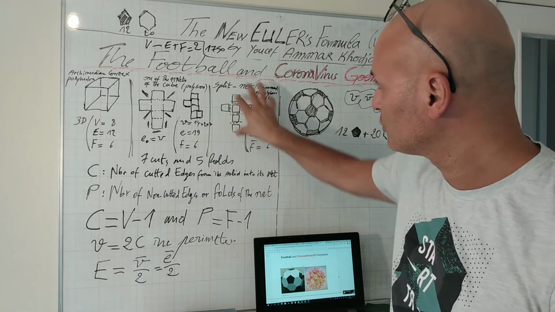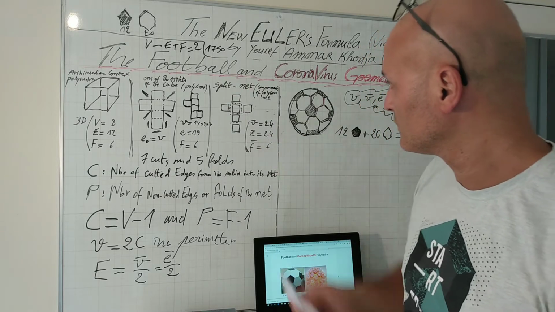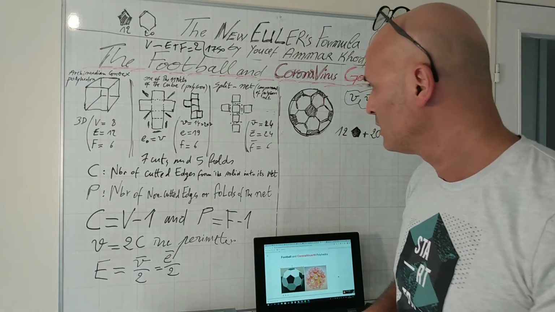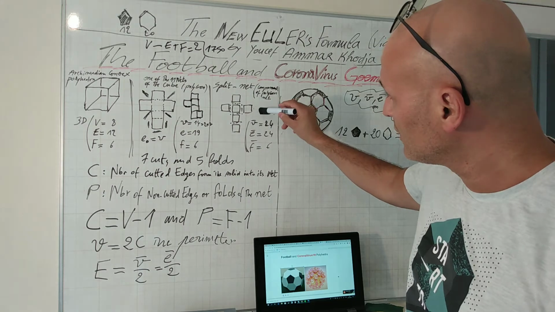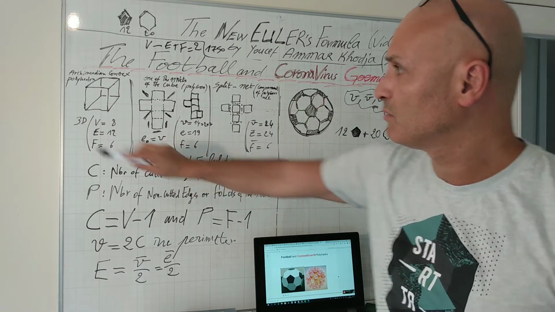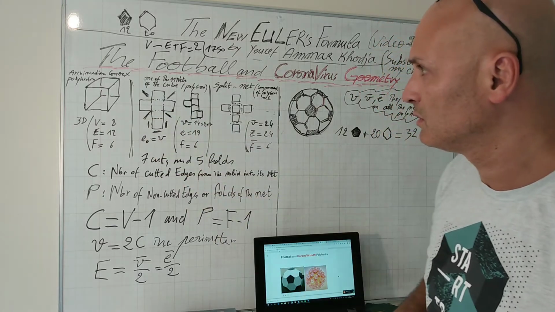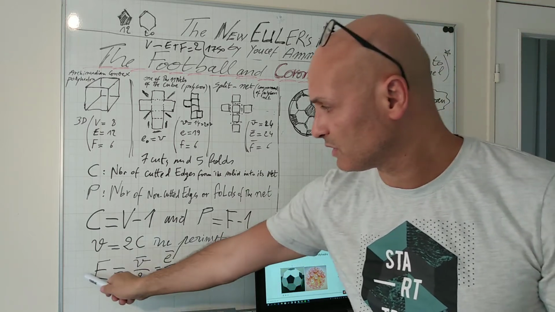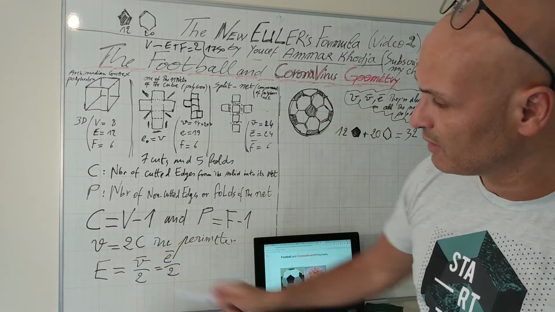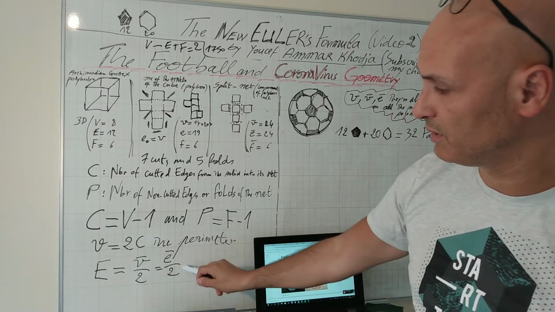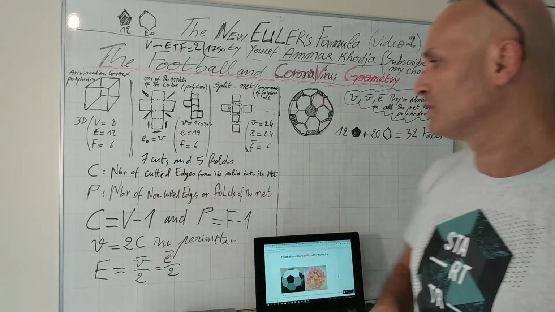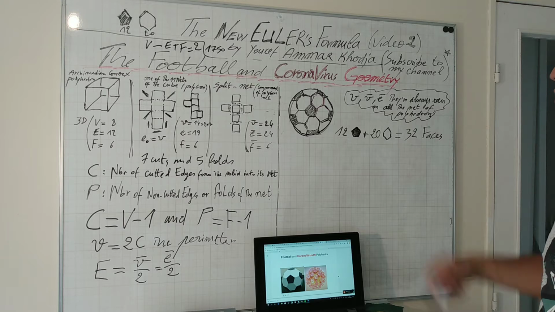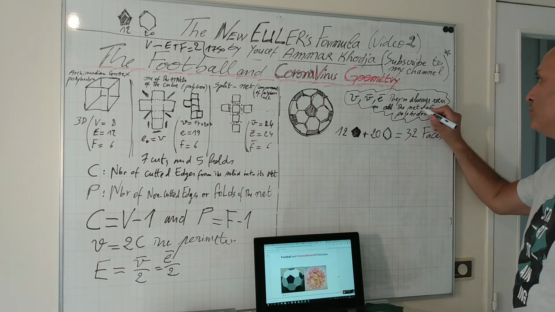So the total number of edges always equals the number of vertices, and you will see why in the last video. And it is always 2 times the number of solid edges. So V bar equals E bar and equals 2 times E, or E, capital E, equals V bar divided by 2. And from here we can notice straight away that V bar and E bar are always even on all the nets of a polyhedron.